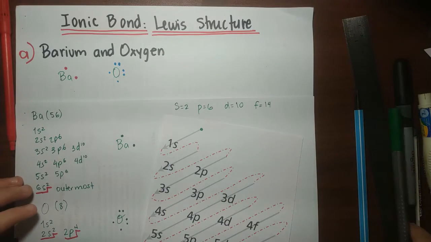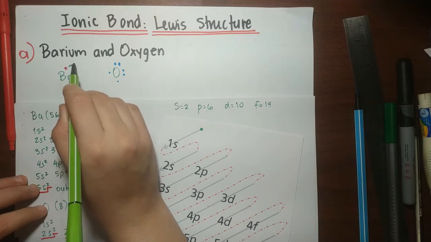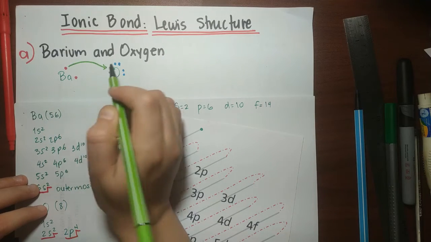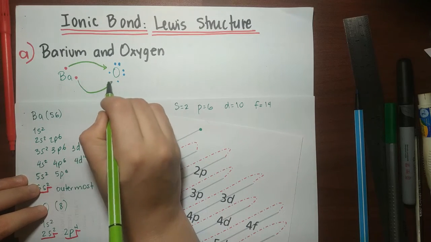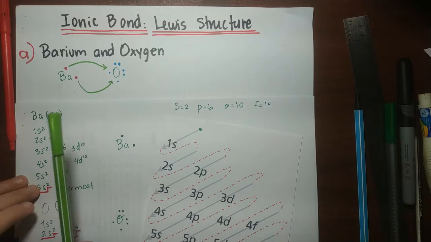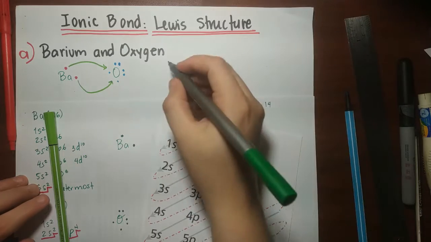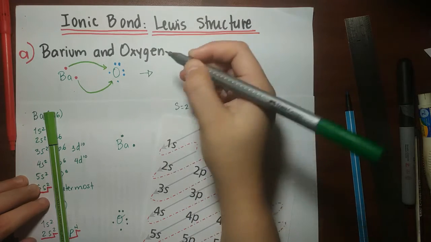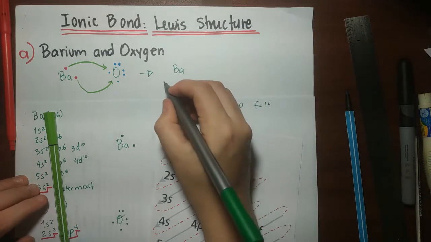So this is what follows: this 1 electron here will occupy one side of oxygen, and this other electron here will occupy this other side. So barium is going to be alone here, losing 2 electrons.